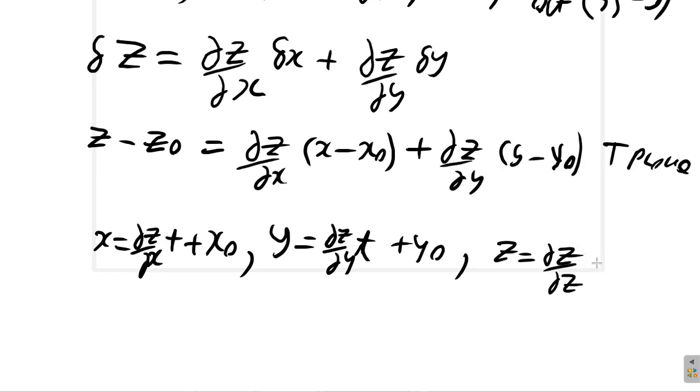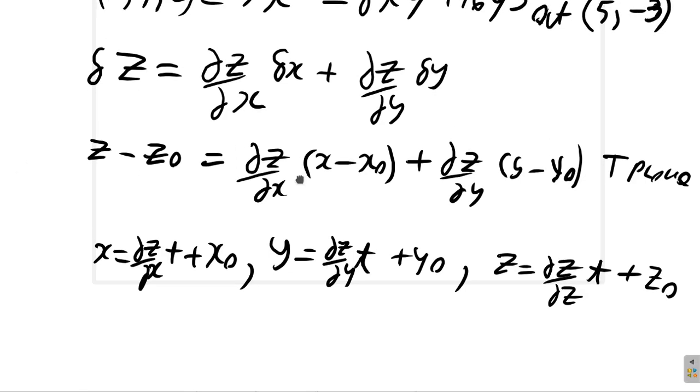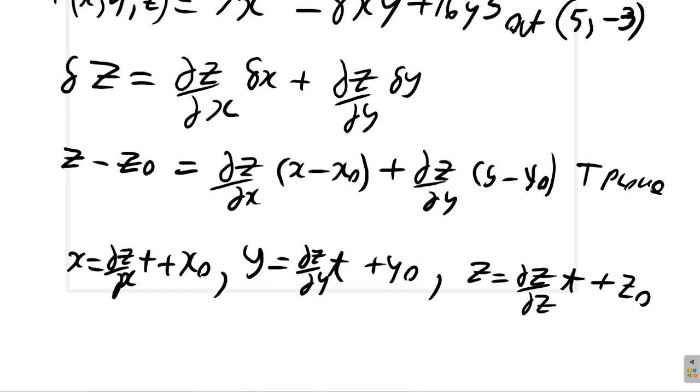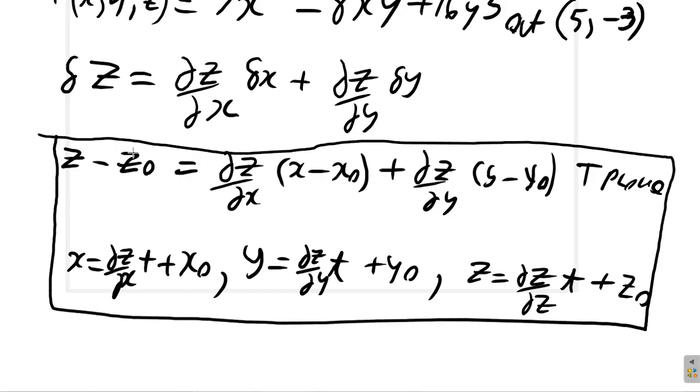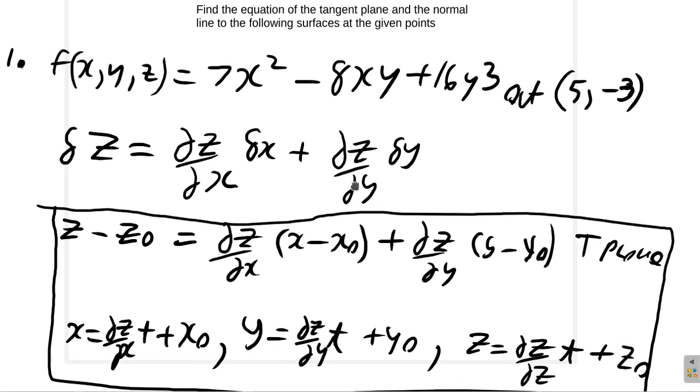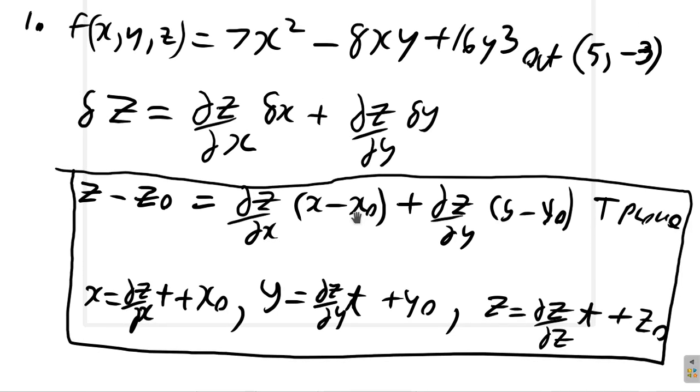Otherwise it might have been delta f by delta z, but with delta z by delta z, you are differentiating a variable with itself, you get 1, right? But we'll see how it goes. T plus z naught. Alright, so these are the tangent plane and the normal line. Let me put a box over it, because we're going to use this for other questions as well.